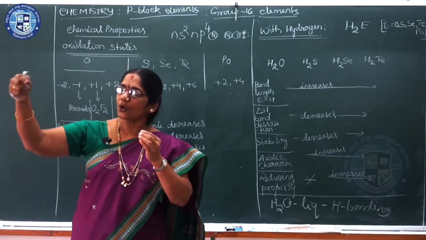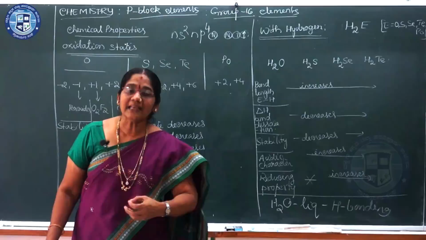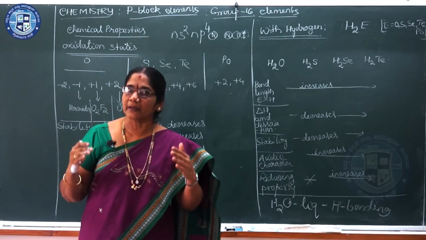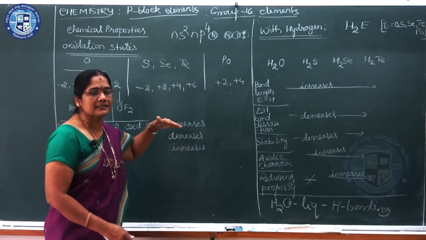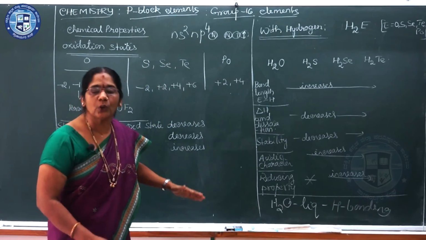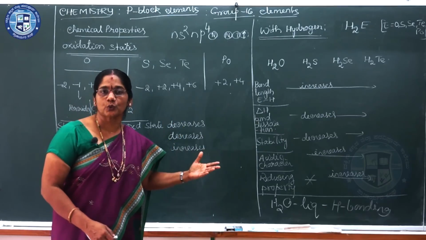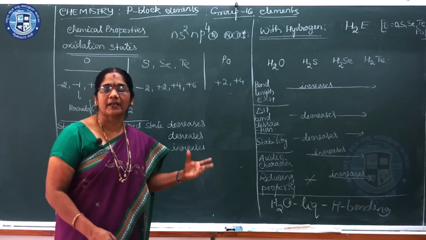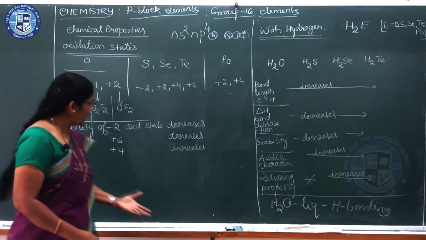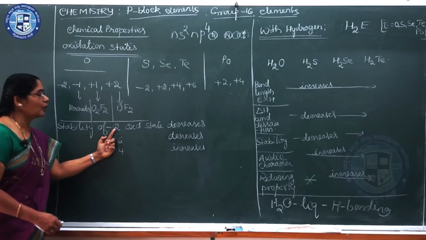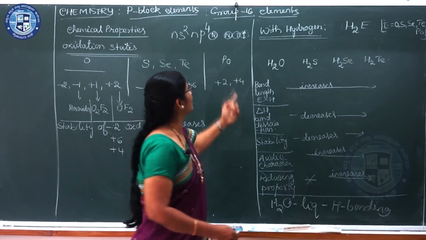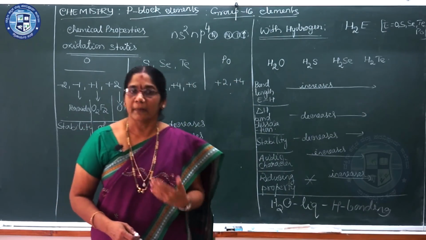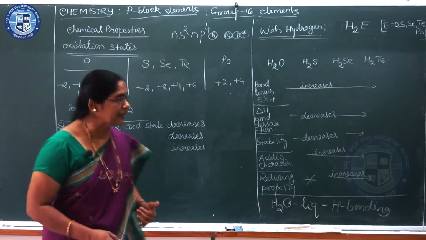The nucleus cannot hold the electrons tightly when the size becomes bigger and bigger, and therefore from oxygen to polonium the -2 oxidation state becomes impossible, and the stability of -2 oxidation state decreases down the group. That is why polonium does not show -2 oxidation state, it becomes a metal.